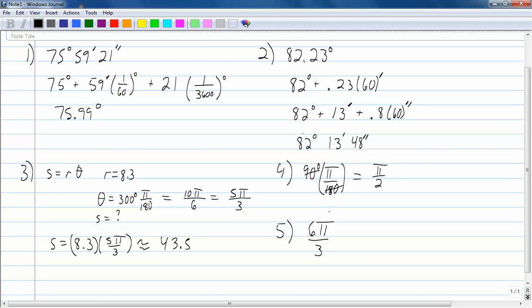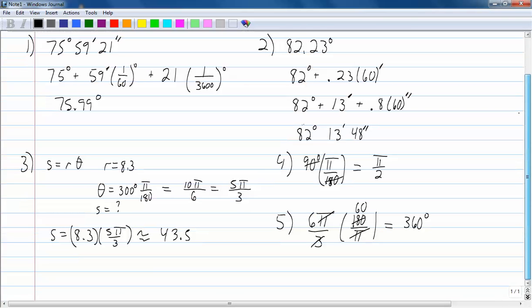Instead of multiplying by pi over 180, you multiply by 180 over pi. See, the pi's cancel out. The 3 and the 180 cancel out, makes that a 60. So we have 6 times 60. That's 360 degrees.